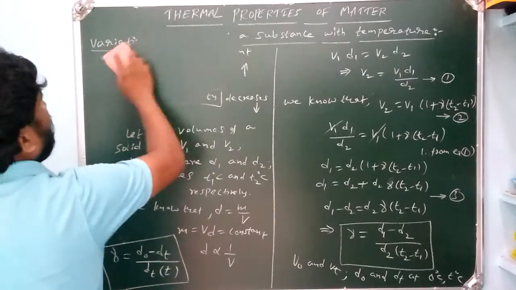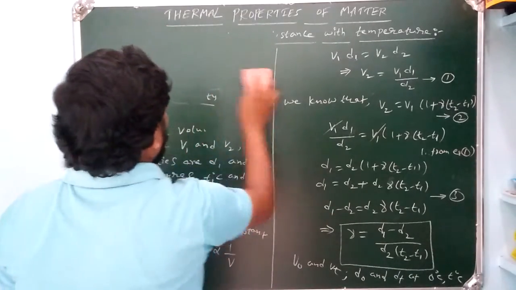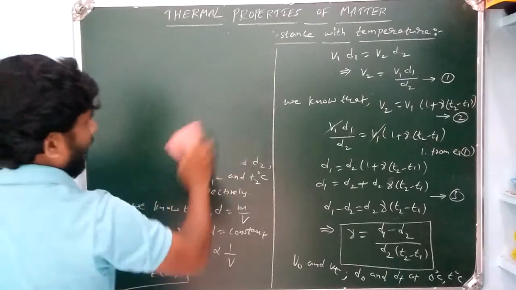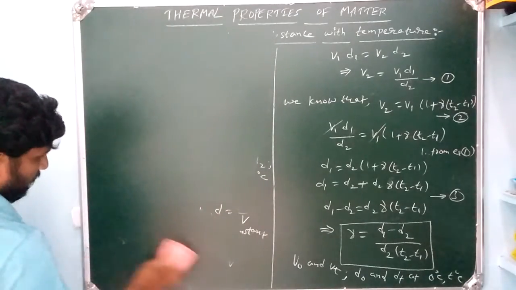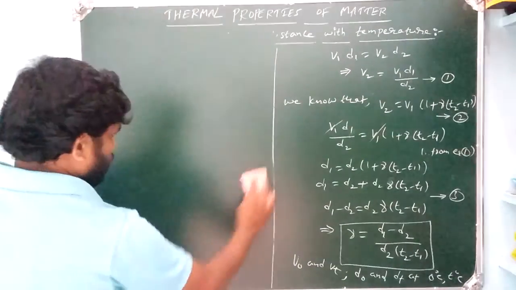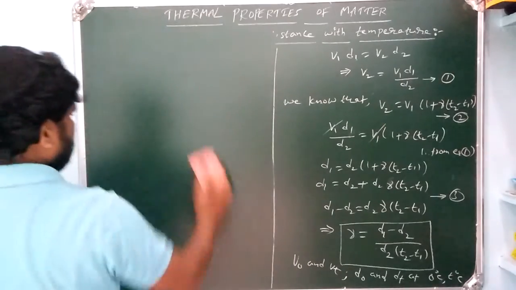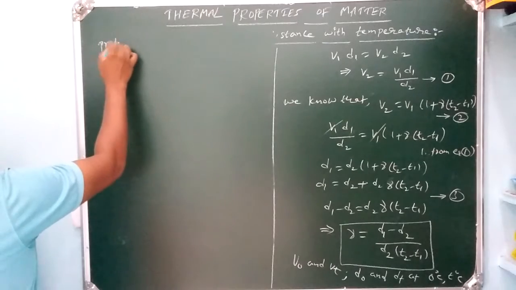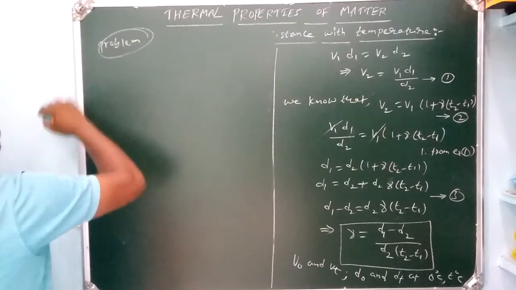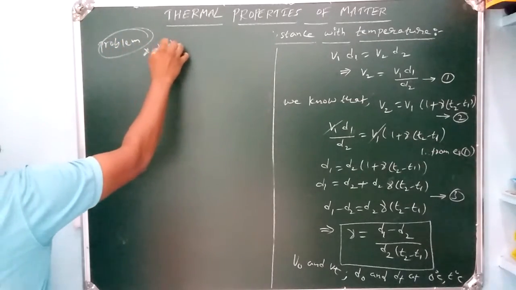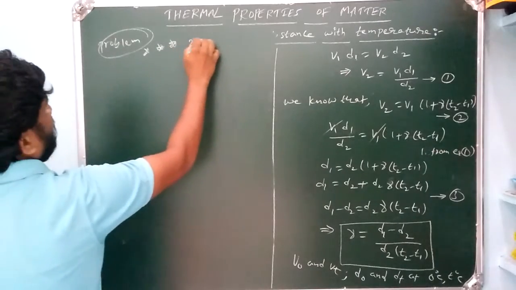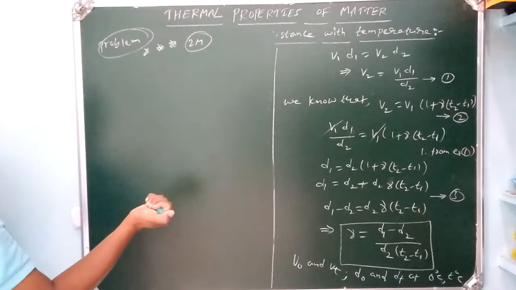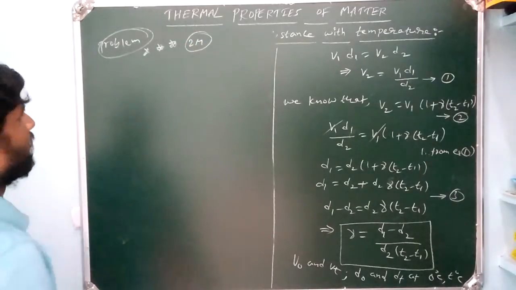Now let us go for a small problem. It is very important for IP 2 marks, and it is from the definition of alpha.